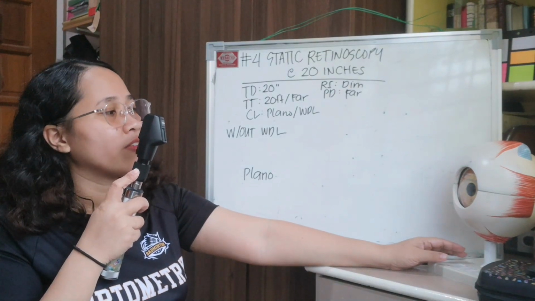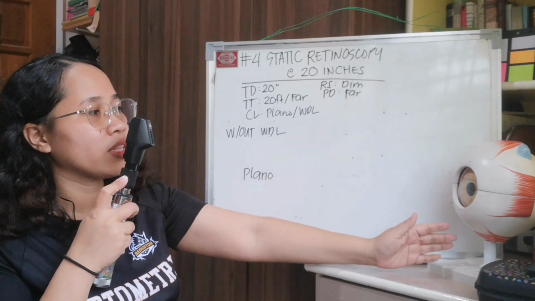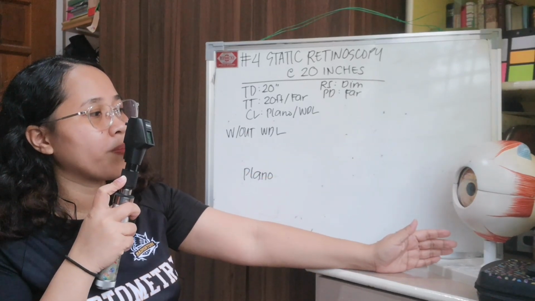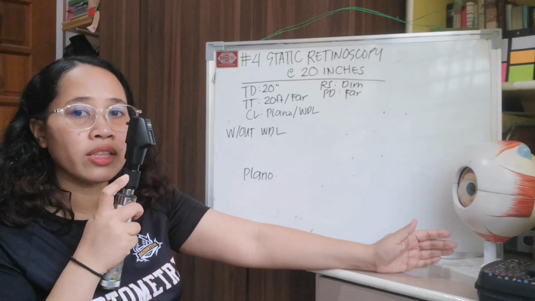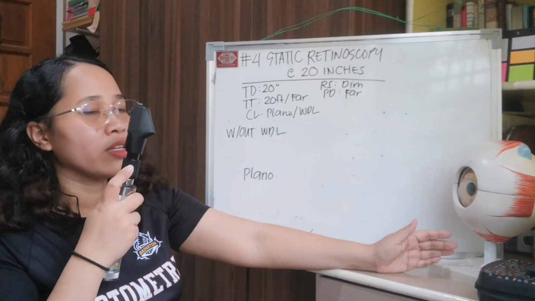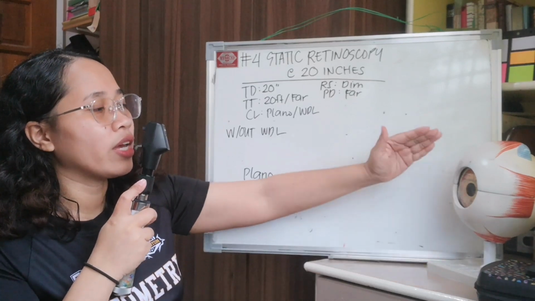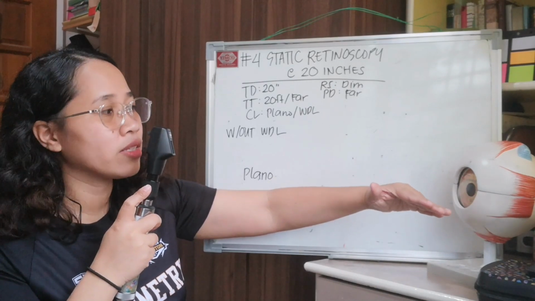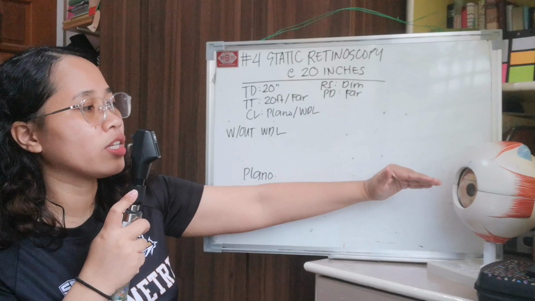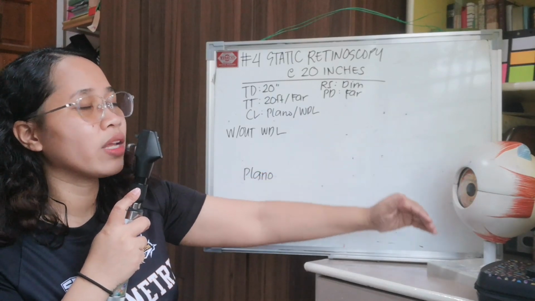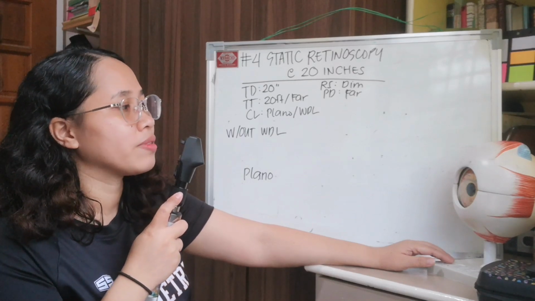So you check for the 180th meridian, you position the streak in the 90th position, and you sweep right, left, and then you rotate your retinoscopic sleeve, and then you orient the streak in the 180th orientation, and then you move up and down to check for the reflex movement in the 90th meridian.